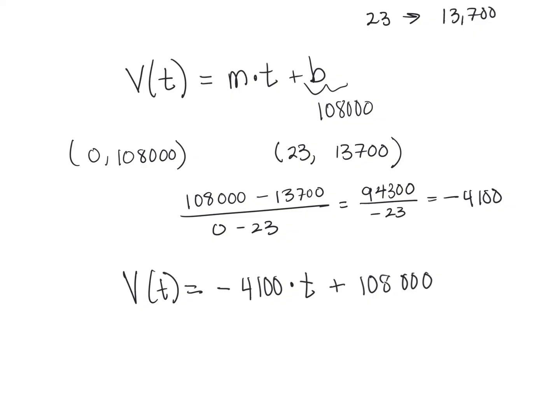So I would just take negative 4,100 times 4, plus 108,000. And the value of my bulldozer in 4 years would be 91,600.